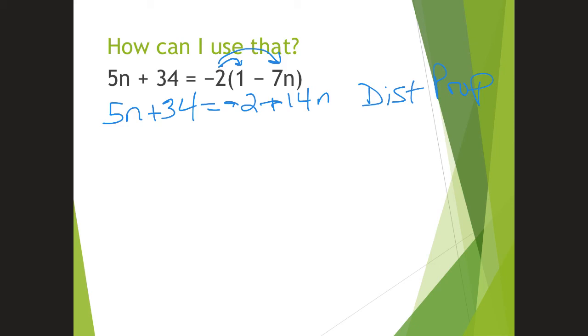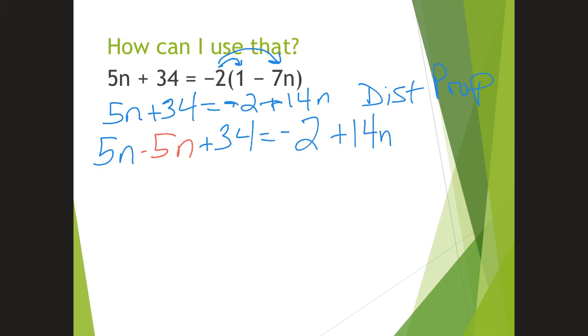The next thing I'm going to do is subtract 5n from both sides. Remember, I can subtract variables just like I can numbers. So I have 5n minus 5n plus 34 equals negative 2 plus 14n minus 5n.